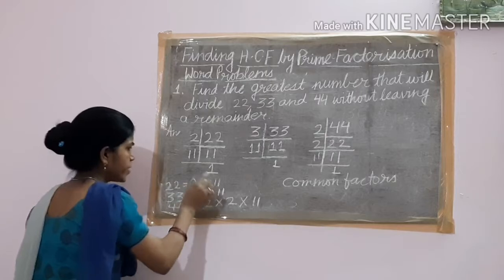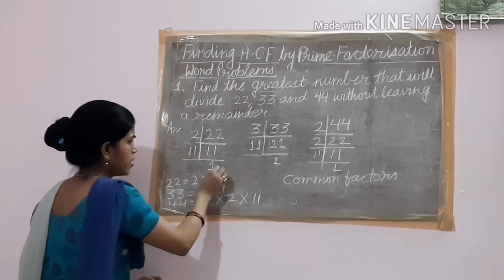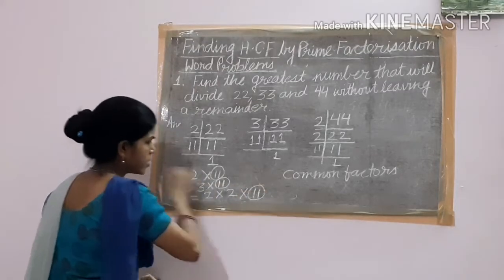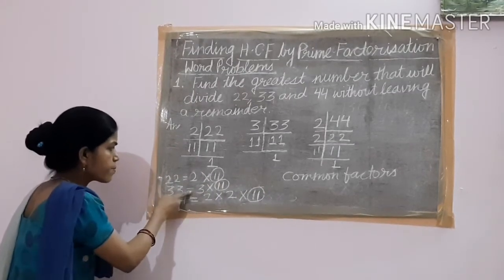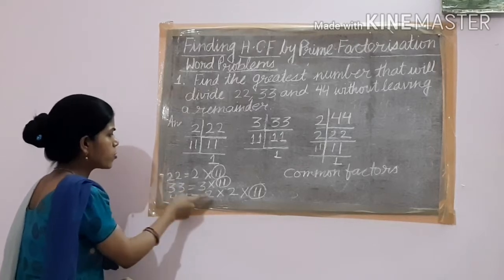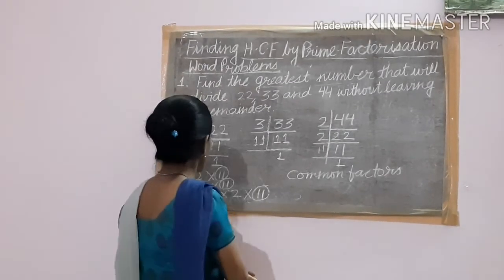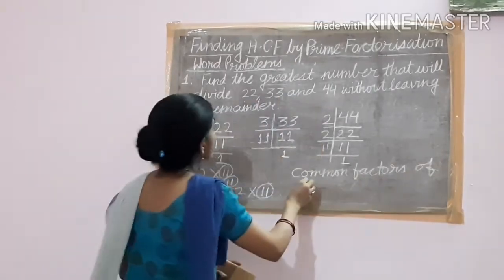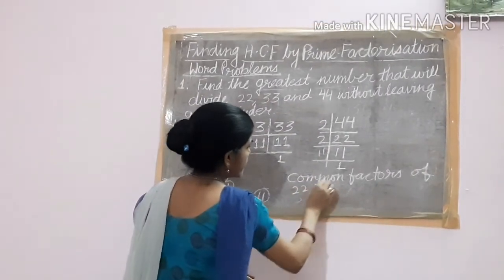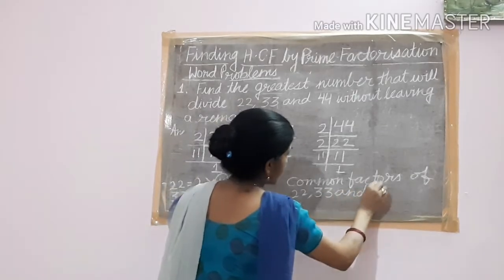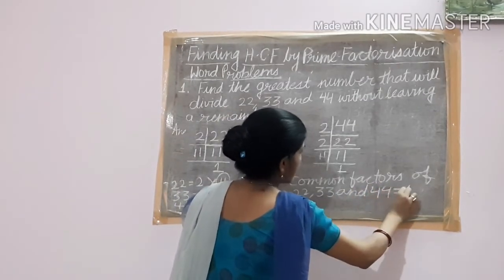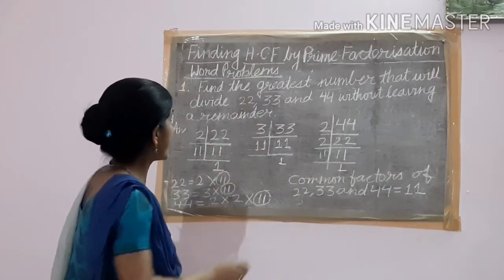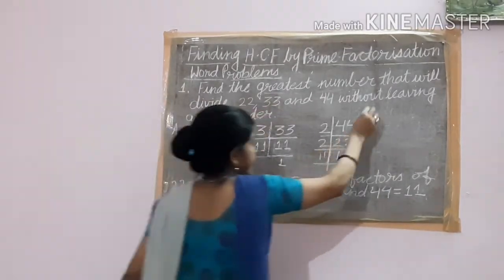Now next number is 11. 11 is here, 11 is present here also, 11 is here also. 3 is present in 33 but not in 22 and 44. So the common factor of 22, 33 and 44 is only 11. So that is the HCF. That is the greatest number. So HCF again.